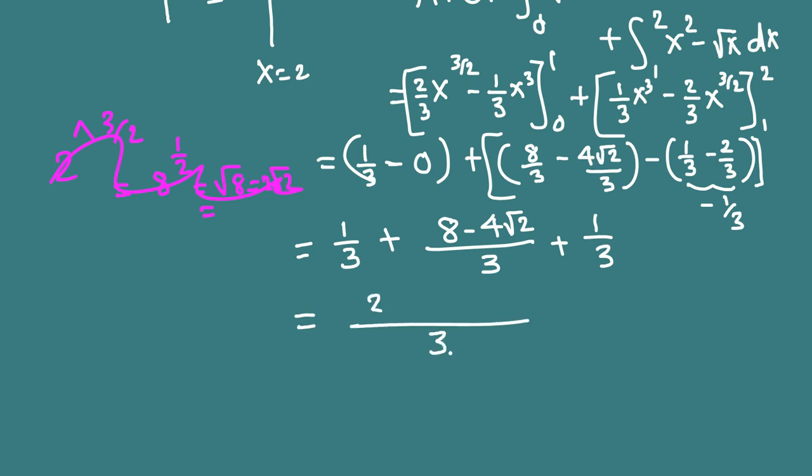So 3 is the common denominator, 2 plus 8 minus 4 root 2, which is 10 minus 4 root 2. So the final answer is 10 minus 4 root 2 all over 3. This is a decimal number anyway.